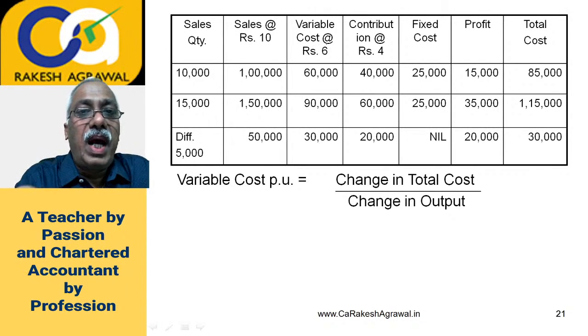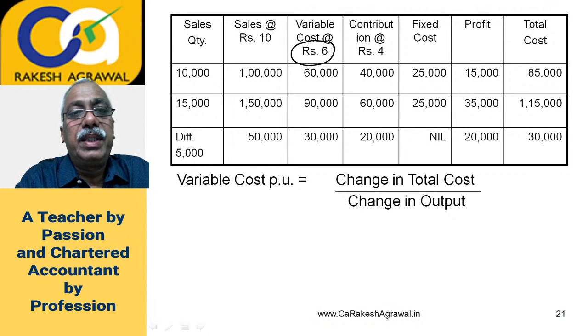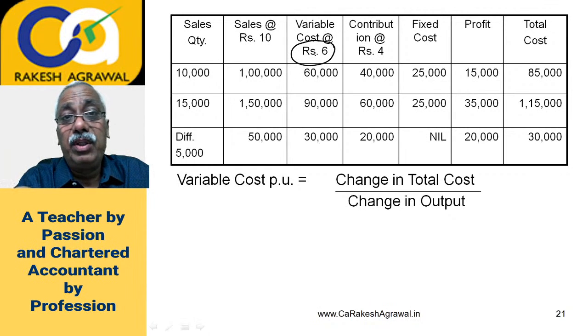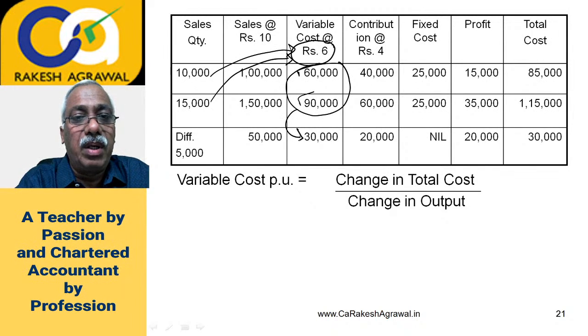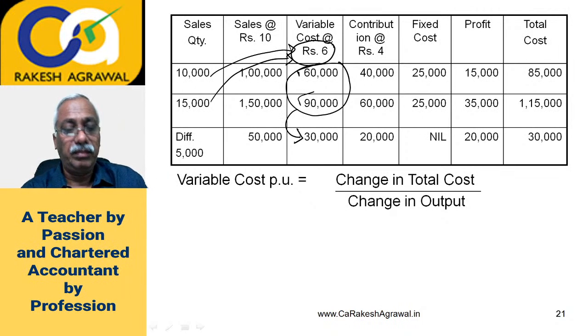Now, I'll take variable cost per unit as 6 rupees, which also remains constant. 10,000 units into 6 rupees, my total variable cost is 60,000. 15,000 units into 6 rupees, my total variable cost will be 90,000. And the difference between 60,000 and 90,000 is variable cost of 30,000.